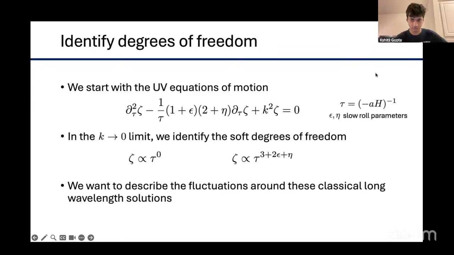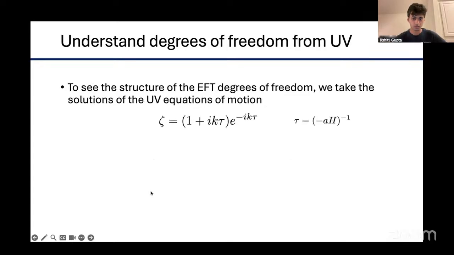Tau is the conformal time, so it's given by 1 over aH. What we want to do is describe the fluctuations around these classical long wavelength solutions. So this is what we want to do in our EFT, and these are the degrees of freedom.